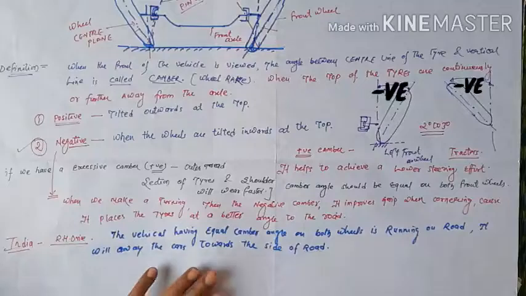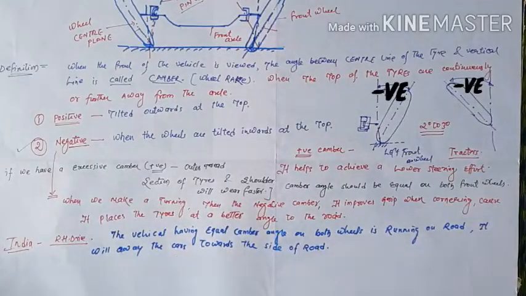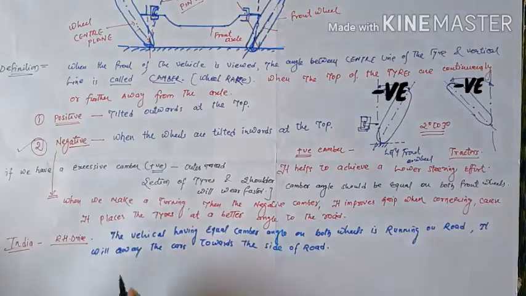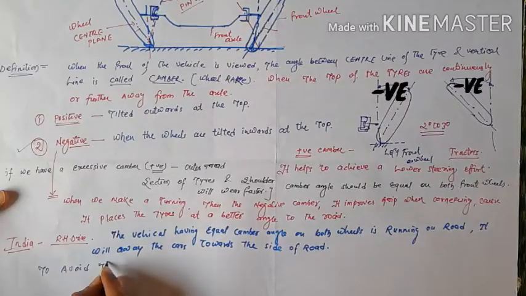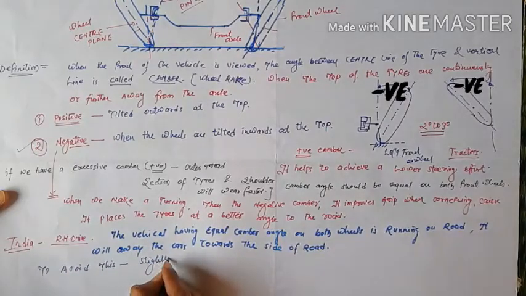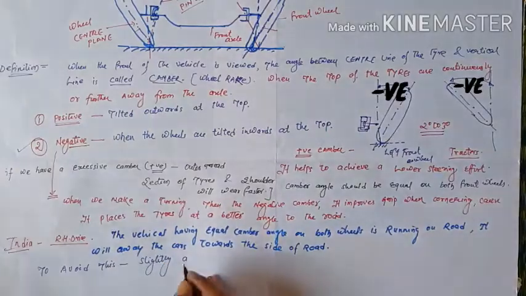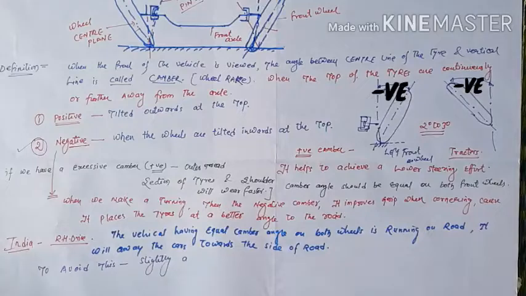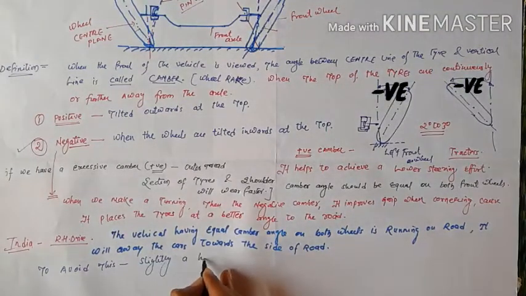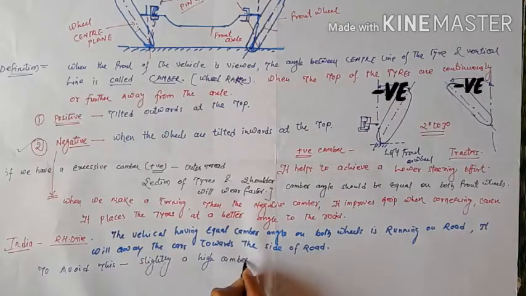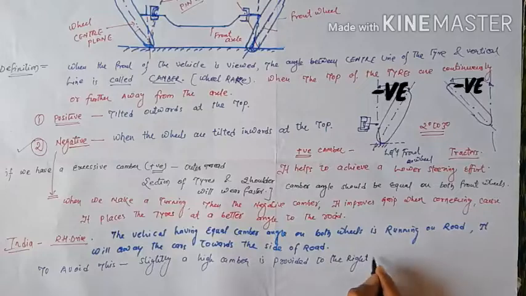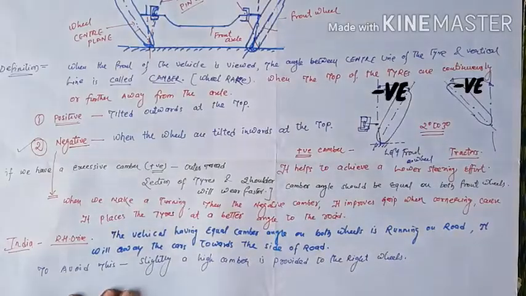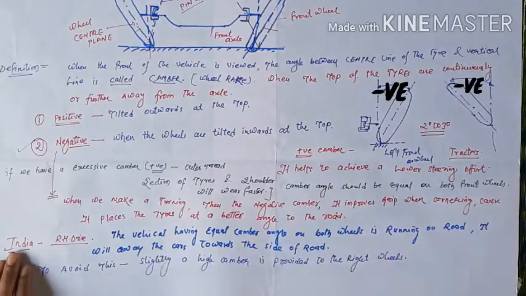To avoid this, a slightly higher camber is provided to the right wheel in India, because we use right hand drive.